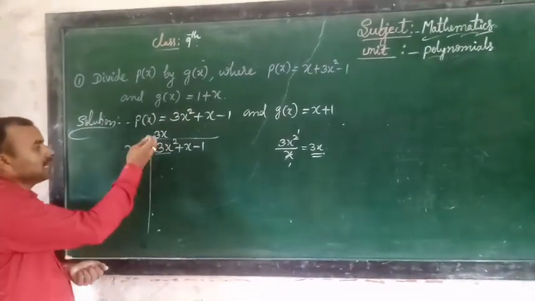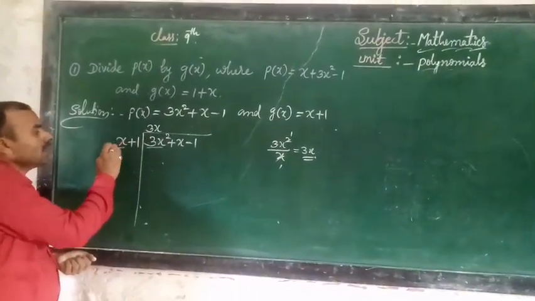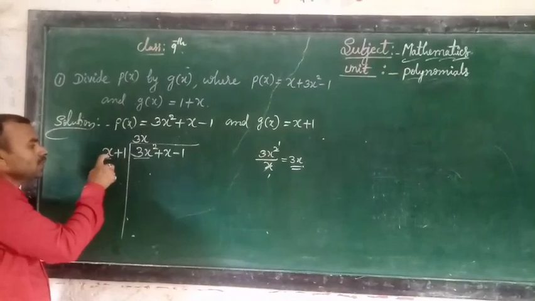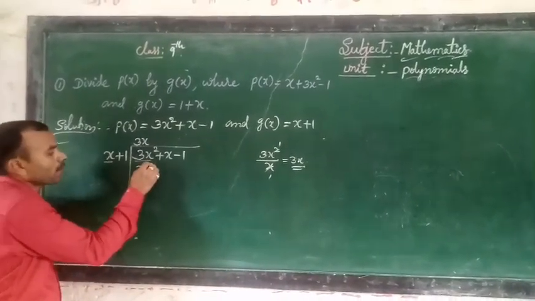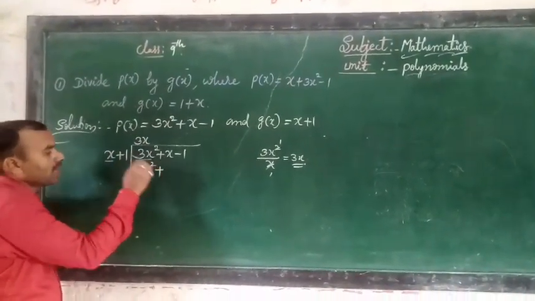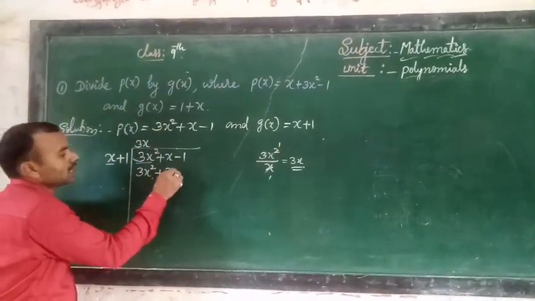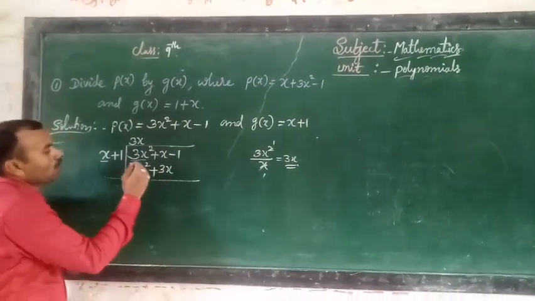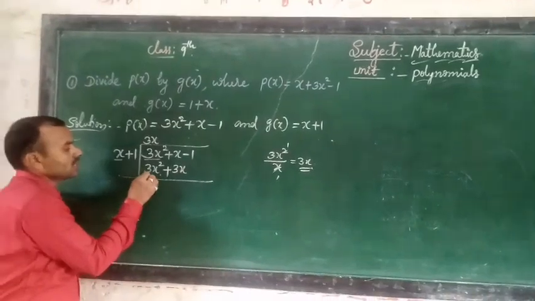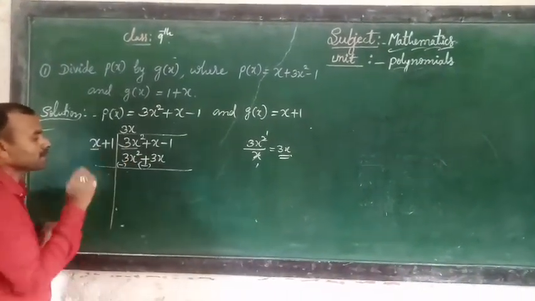Now multiply 3x into x plus 1. 3x into x is 3x square, plus 3x into 1 is 3x. Now we have to subtract these two, changing the sign, minus.